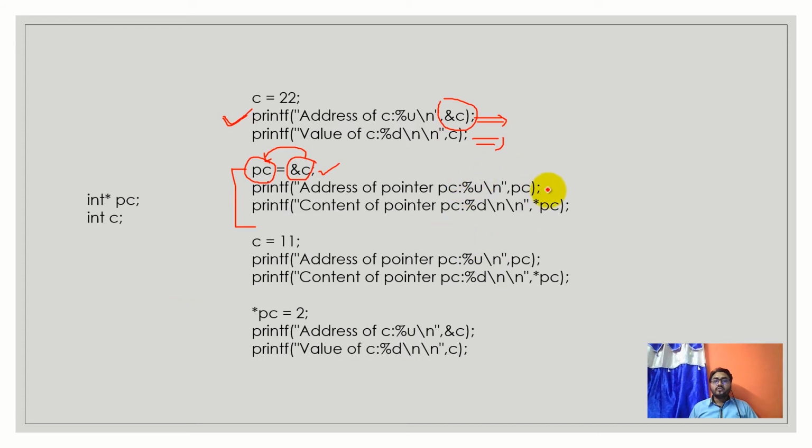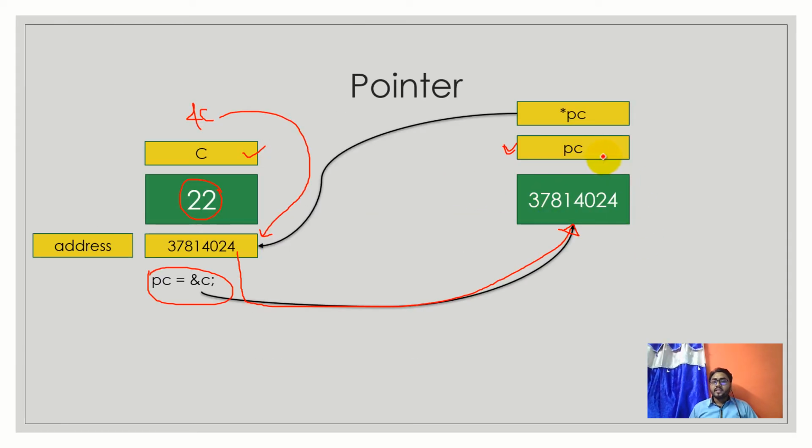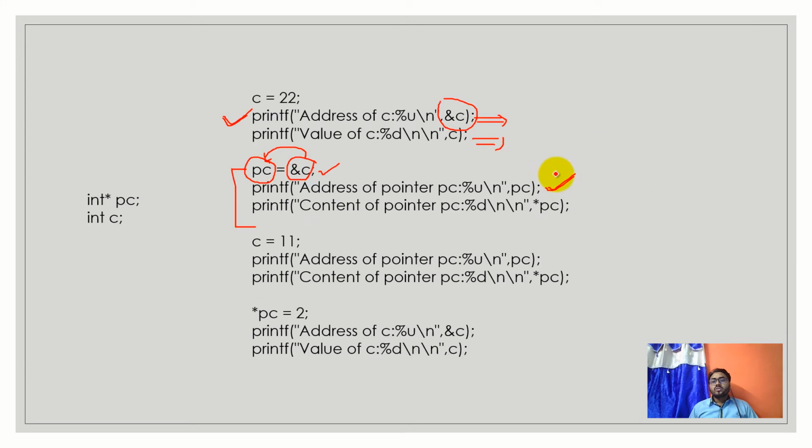And now if we print pc, that means the value inside the pc variable, it will be the address of the c variable. That means inside this pc variable we have this value, so it will print it. So if we print pc, it will give the address.